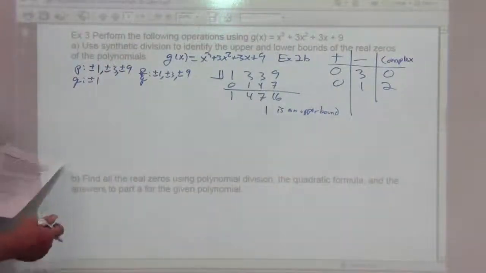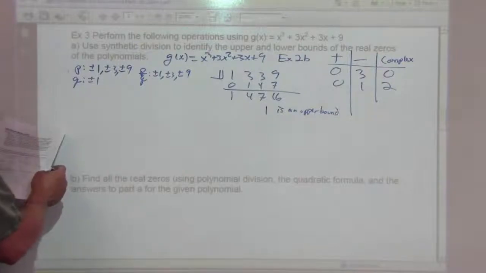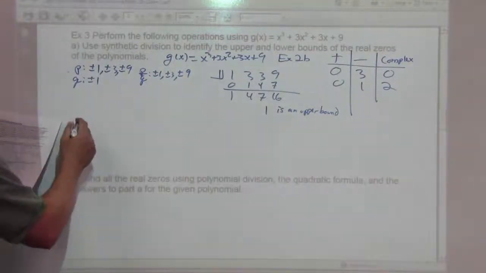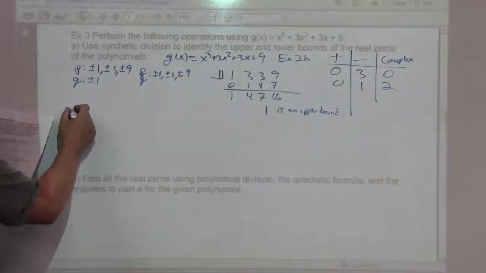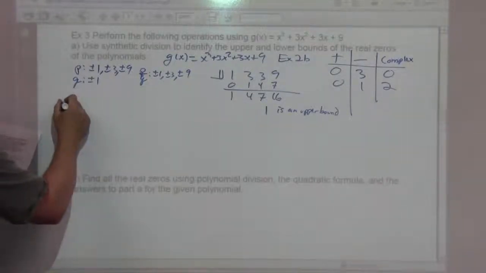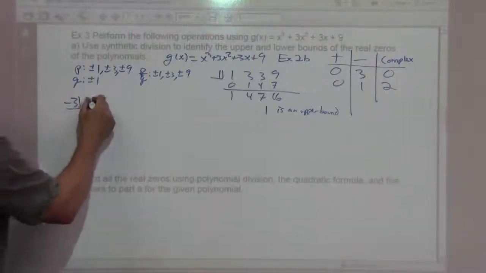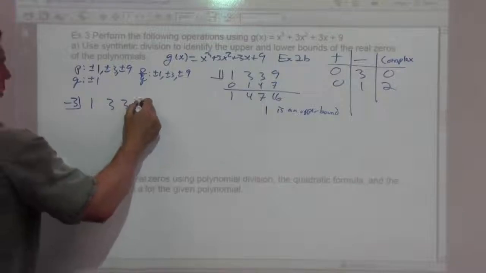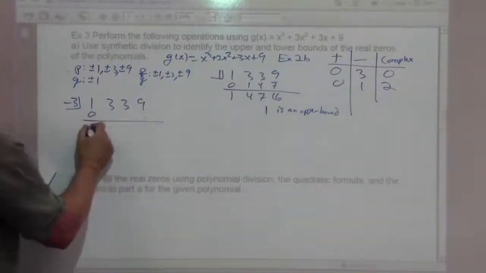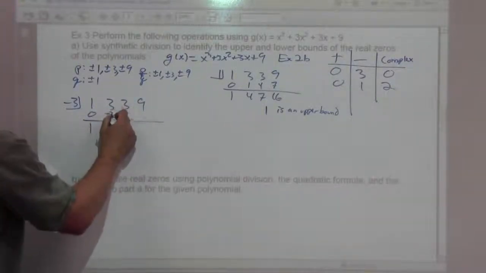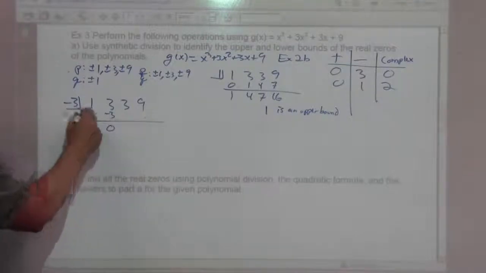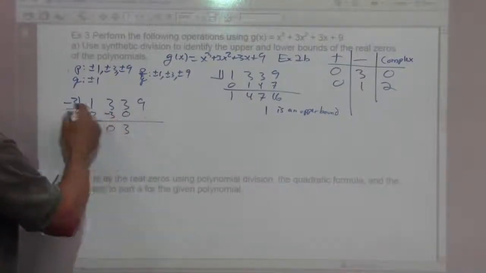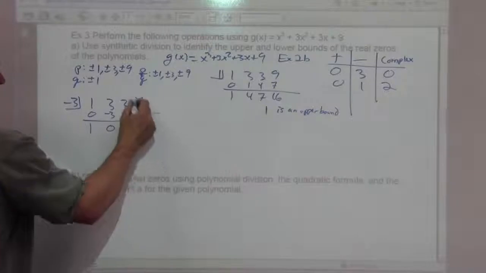Now let's look on the other side. What if we tried negative 3? Oh, look at that.